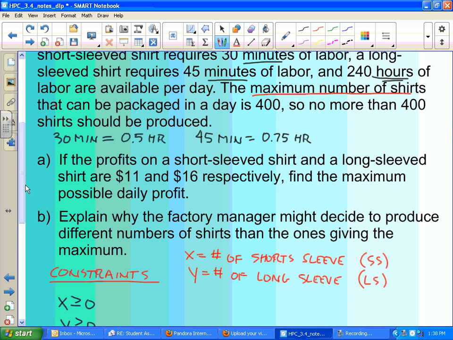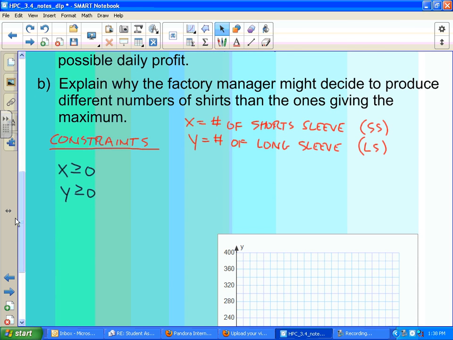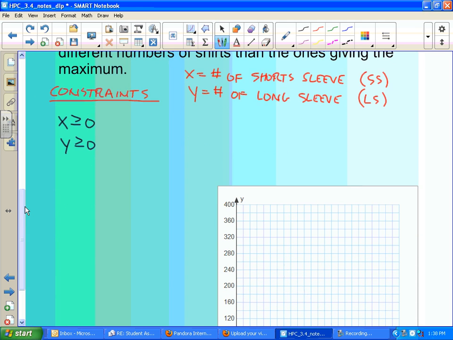Because if that was true, what are the only shirts you would be producing? Short sleeve. Do we produce only short sleeve shirts? Oh, it must include X plus Y. So yeah, that's one of our constraints, that the number of short sleeves and the number of long sleeves must be less than or equal to 400.